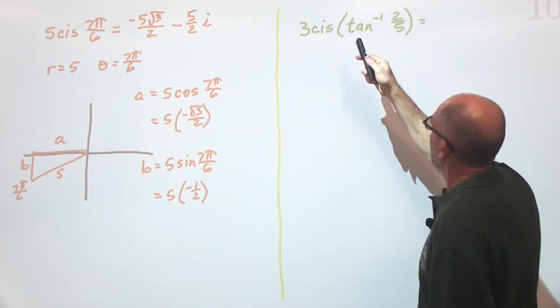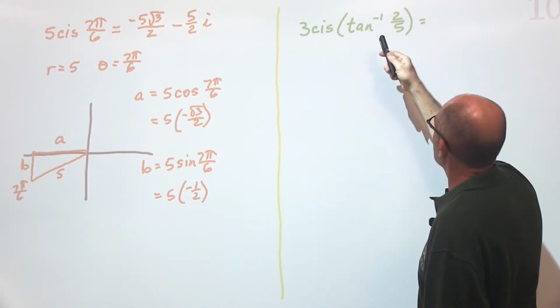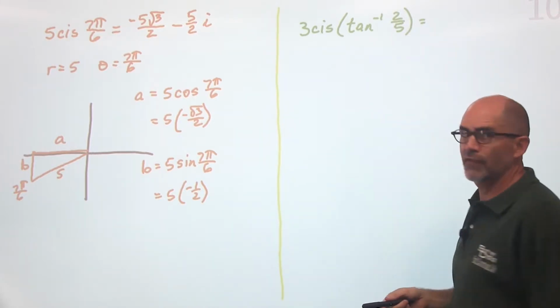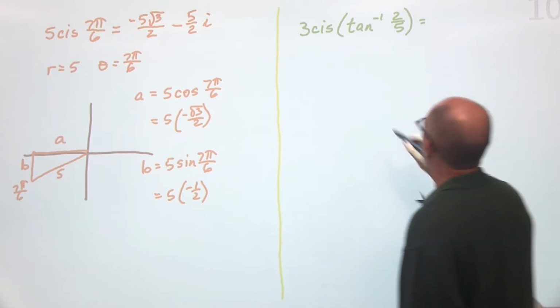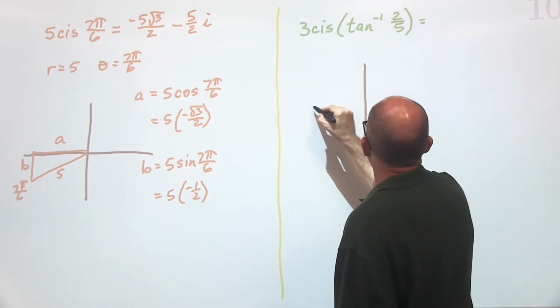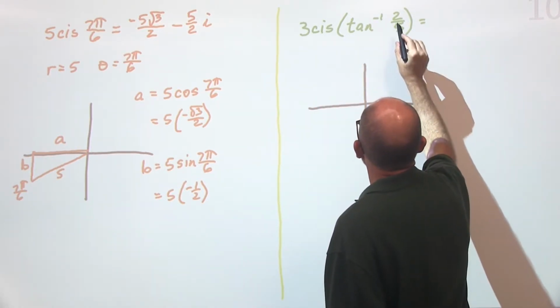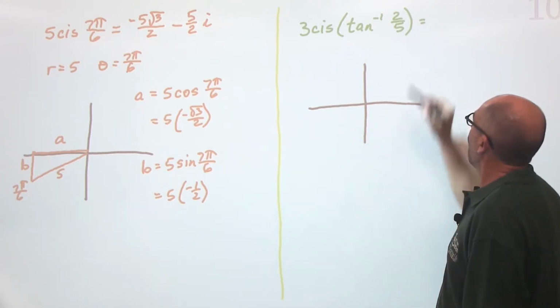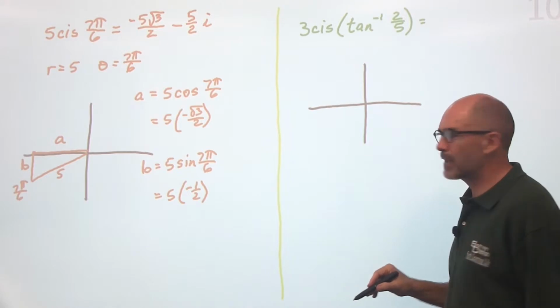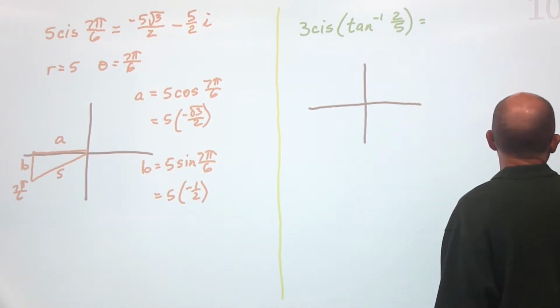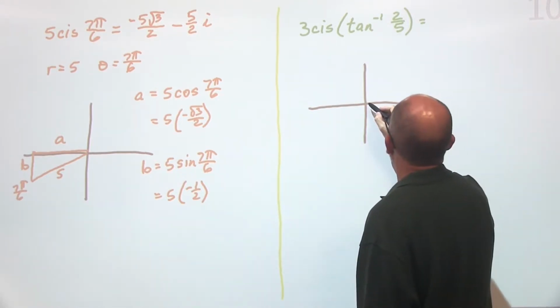Okay, now, what about 3 cis inverse tangent of 2/5? Okay, same idea. What we're being given here is that the opposite and the adjacent are 2 and 5 respectively.